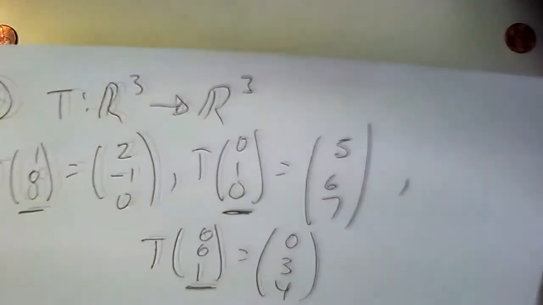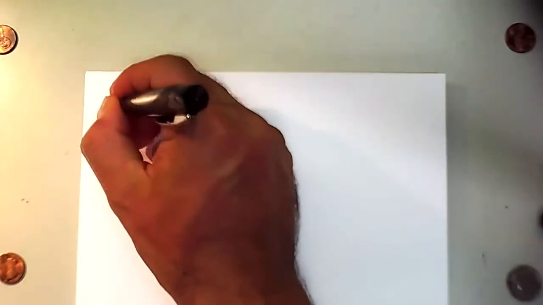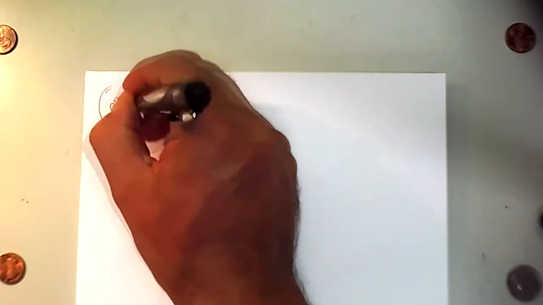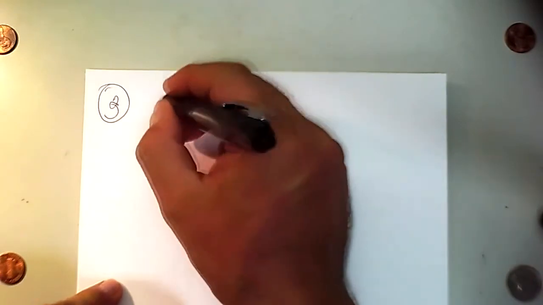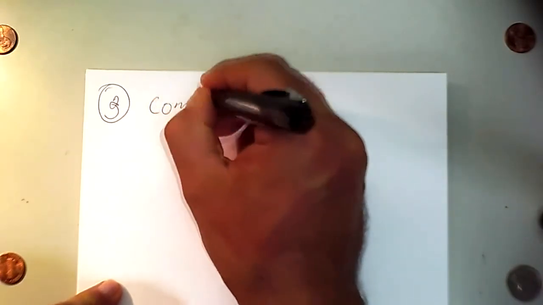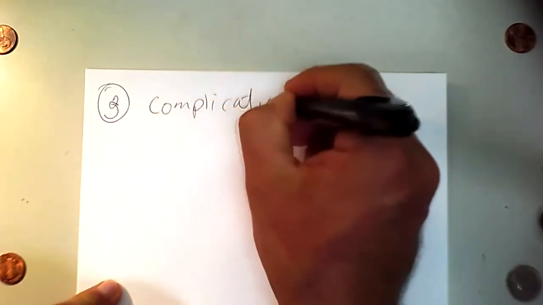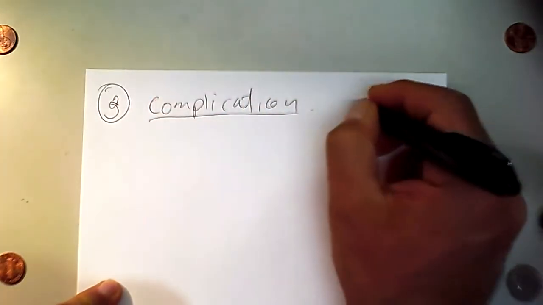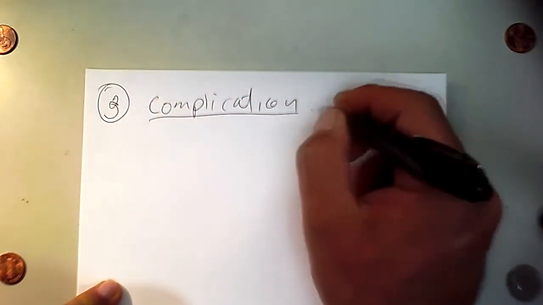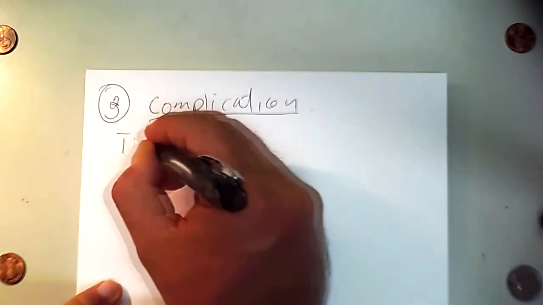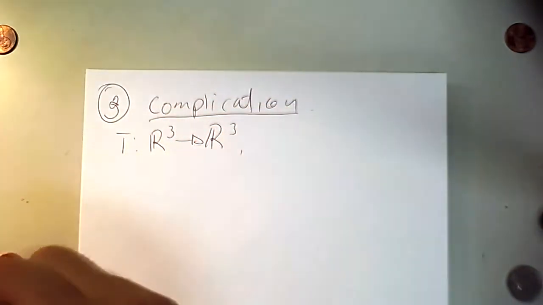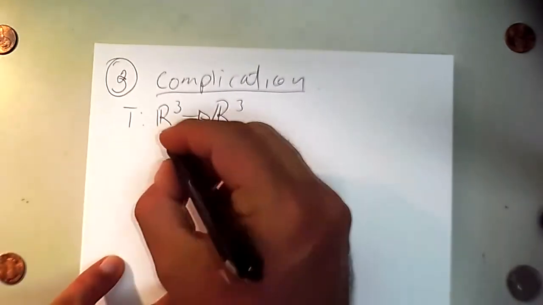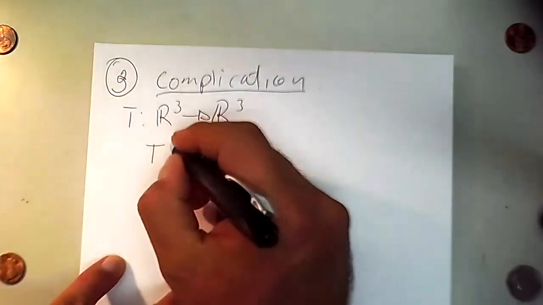Okay, let's complicate this problem a little bit. So complication. We have a linear transformation T from R cubed into R cubed, but now there is a difference. I'm not going to give you T of 1, 0, 0.